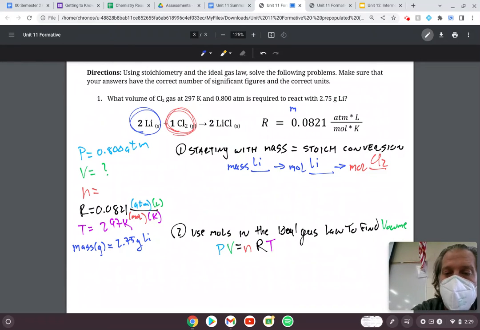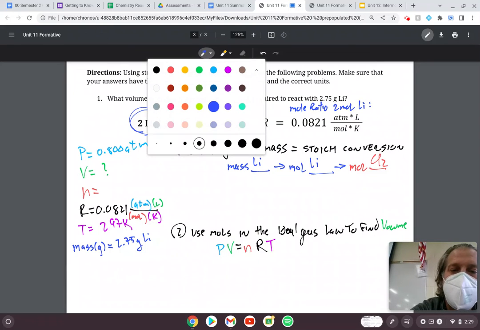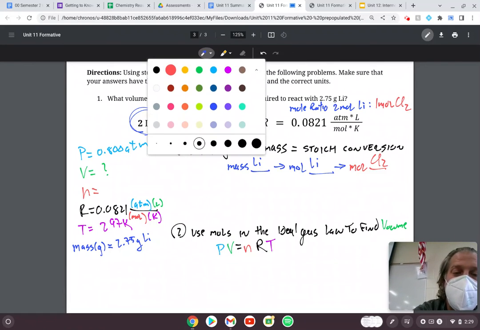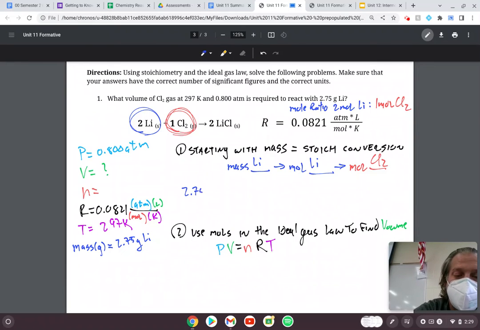So my mole ratio is going to be 2 moles of lithium for every 1 mole of Cl2. Now, I'm going to take the 2.75 grams of lithium, put it over 1. And I'm going to go mass to mole and mole to mole.